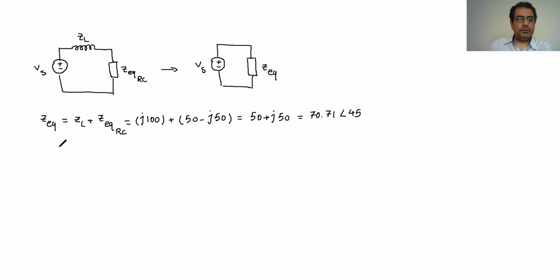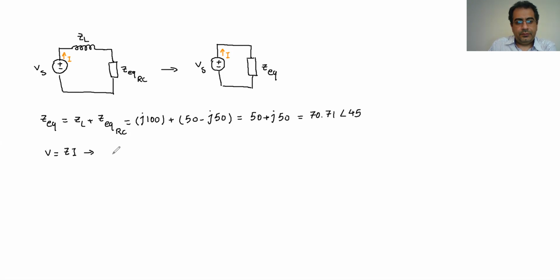Now that we have this, I can go ahead and note that the I here is also the I here. Still is going to be the I here. So now I can say that V is ZI.